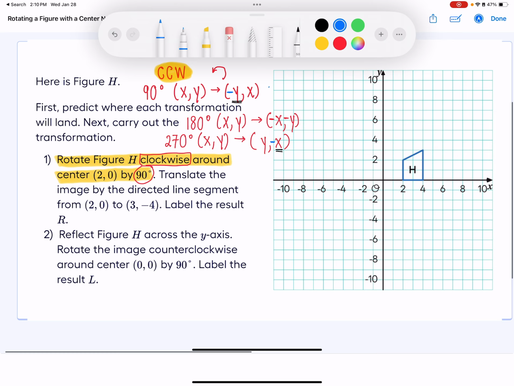Well, if you remember, we can just do 360 minus 90 to get 270 degrees. So 90 degrees counterclockwise is the same thing as 270 degrees clockwise.